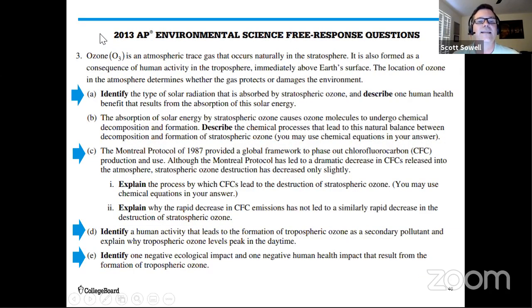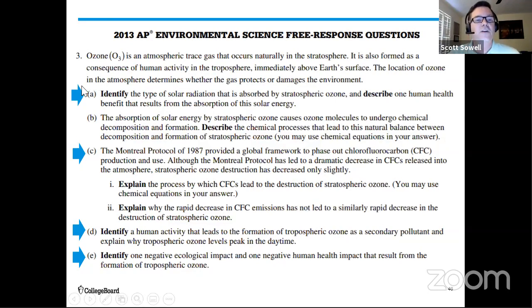So the prompt says, ozone, O3, is an atmospheric trace gas that occurs naturally in the stratosphere. Okay, we know that. It is also formed as a consequence of human activity in the troposphere immediately above Earth's surface. So those two sentences describe good up high, bad nearby. Sunscreen good on my skin, sunscreen bad in my stomach.